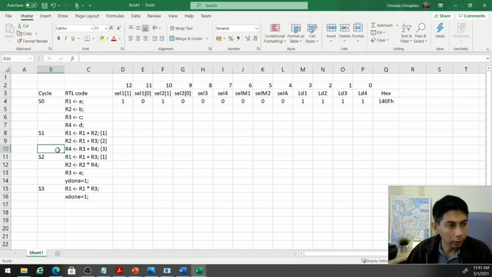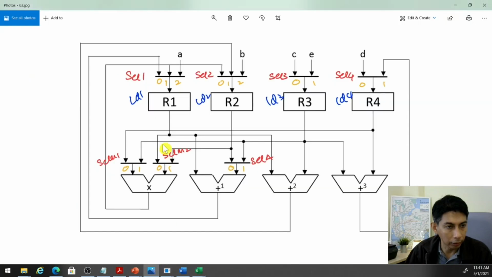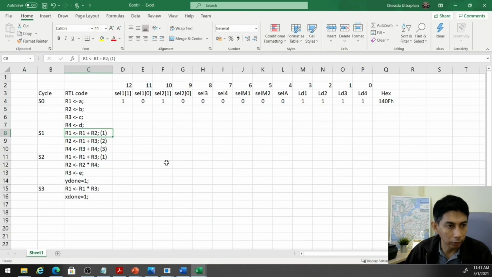Now the second cycle, where we have 3 operations. Look at the first operation: R1 plus R2, using adder number 1, and the result is stored in R1. So if you look here, LD1 must be 1 in order to enable this to go into R1. So this should be 0, 0.